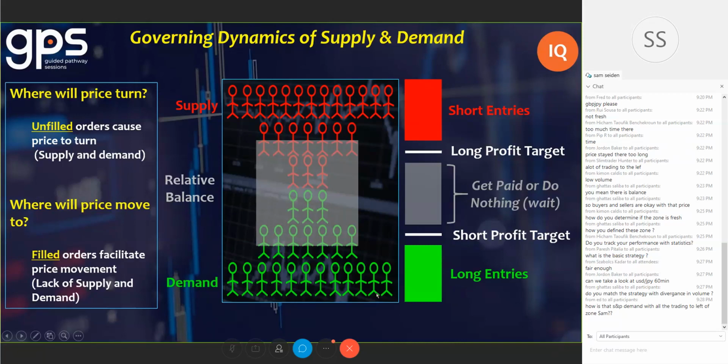Why? Because I like to find opportunities that are likely to be out here at the demand extremes, out here at the supply extremes, and not in the middle. Other people are looking for more opportunities, and you'll find them in here. It's just your probability of success is going to go down.